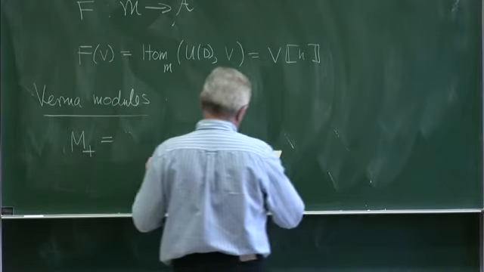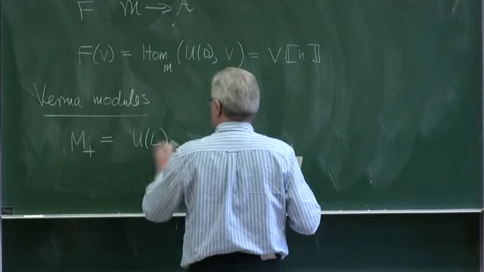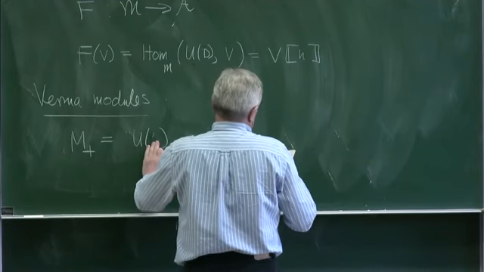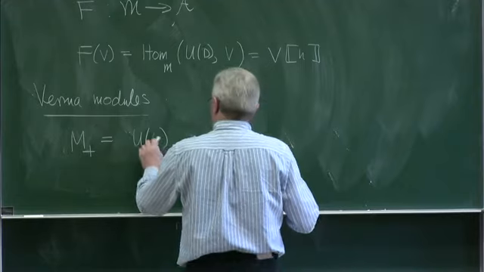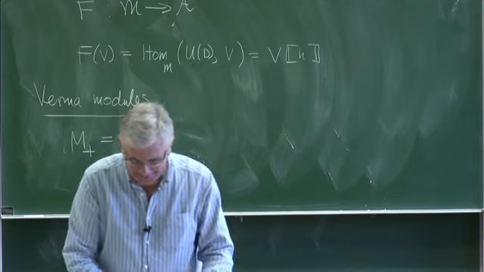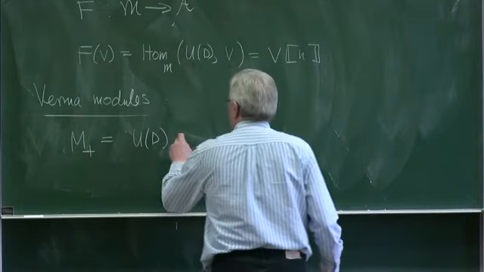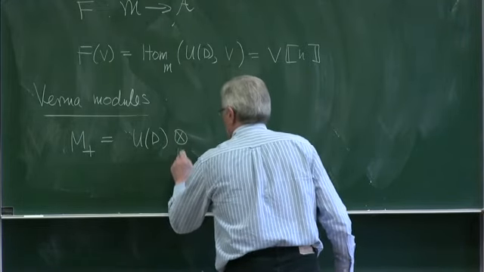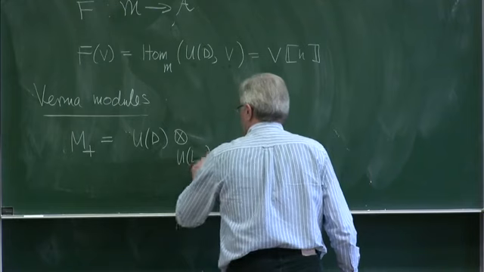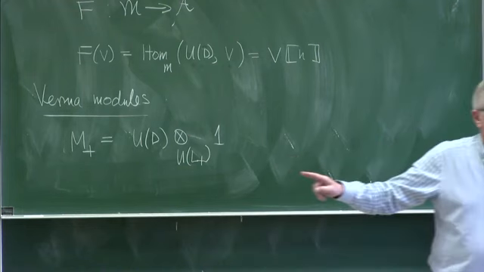M plus is going to be the universal enveloping algebra of D, L plus, L minus. Tensor over the universal enveloping algebra of L plus with 1. One being a trivial one-dimensional representation.